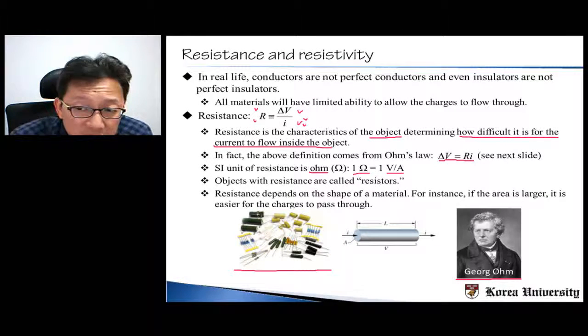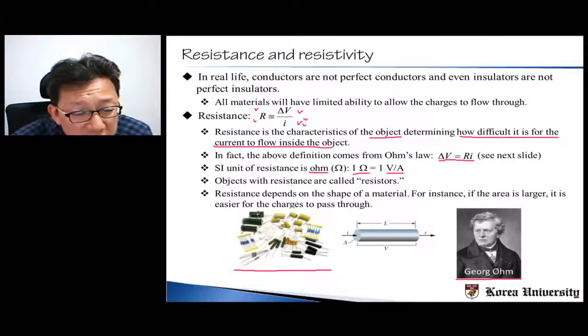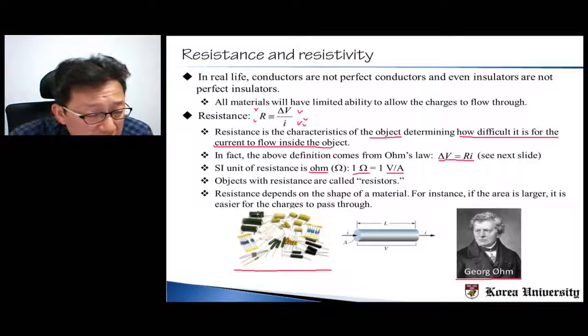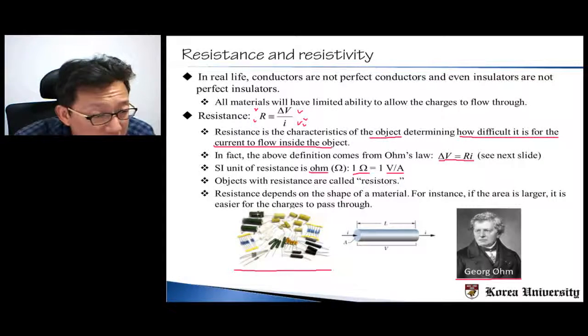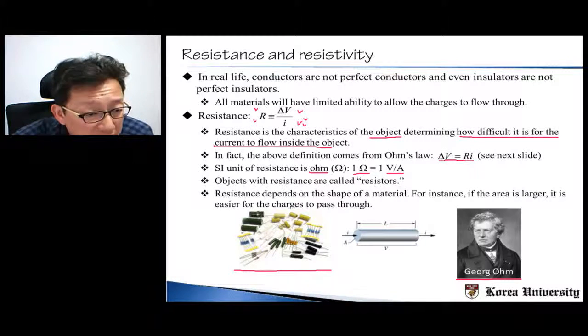So imagine you have a pipe of water going through. If the pipe is very wide, then it will be easier for water to go through, and if the pipe is very long, then it will be more difficult for the water to flow.